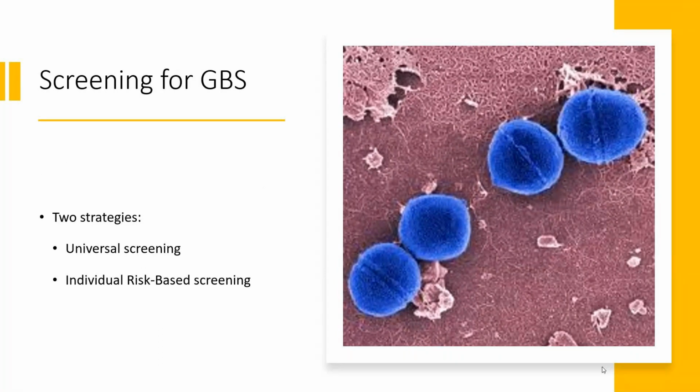As for screening for GBS, which is recommended for pregnant women for these reasons, it may be either universal screening for all pregnant women, especially women who are planning to deliver vaginally, or individual risk-based screening, which means not all women will be screened, but each woman will get a score for her risk, and based on that, she will or will not require screening for GBS.